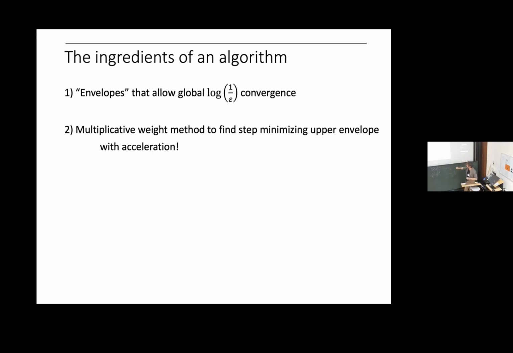And the key point that this switch to a very different kind of algorithm achieved is that these multiplicative weight methods allow for a notion of acceleration, which we don't have in interior point methods. We don't understand this very well yet, but it's definitely somehow related to acceleration in the sense of Nesterov.